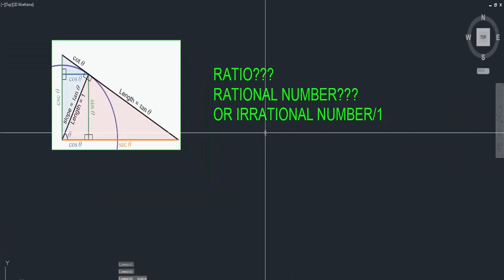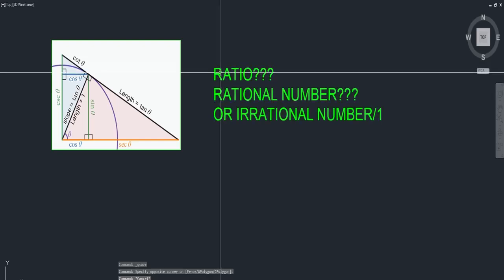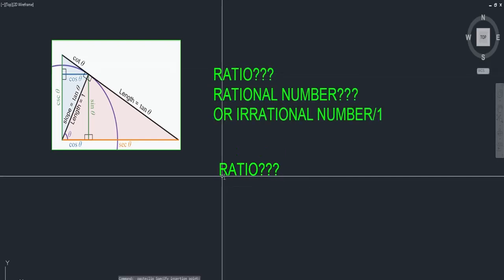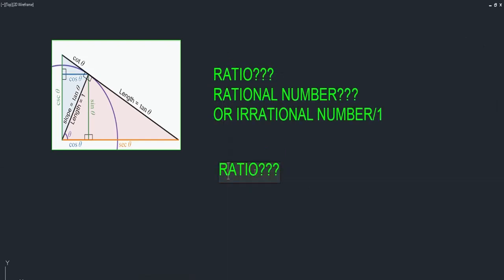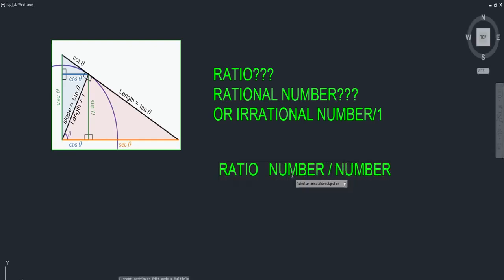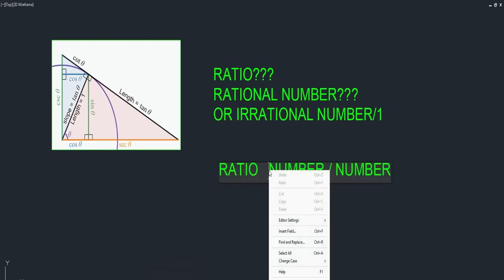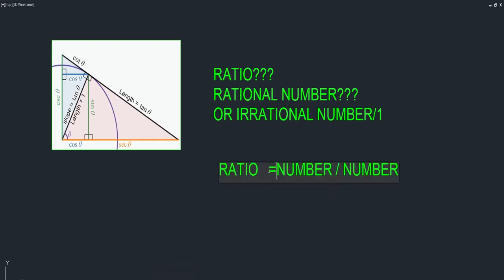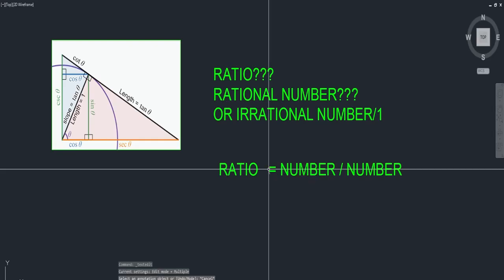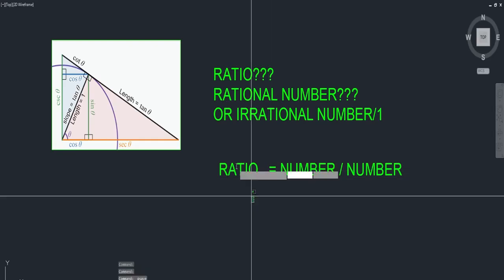But whenever we see any ratio, we should not think of it as number divided by number. No, don't think of it in that way. If we think of it in that way, then it is numerical statistics. Numerical statistics thinks the ratio is a number divided by number.